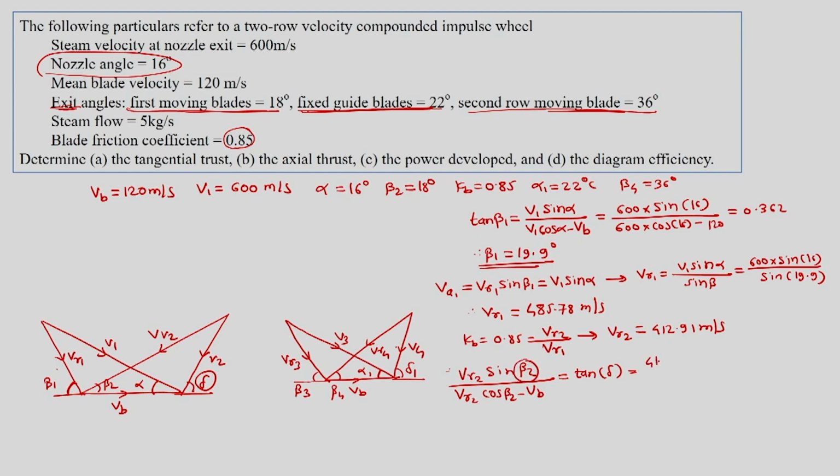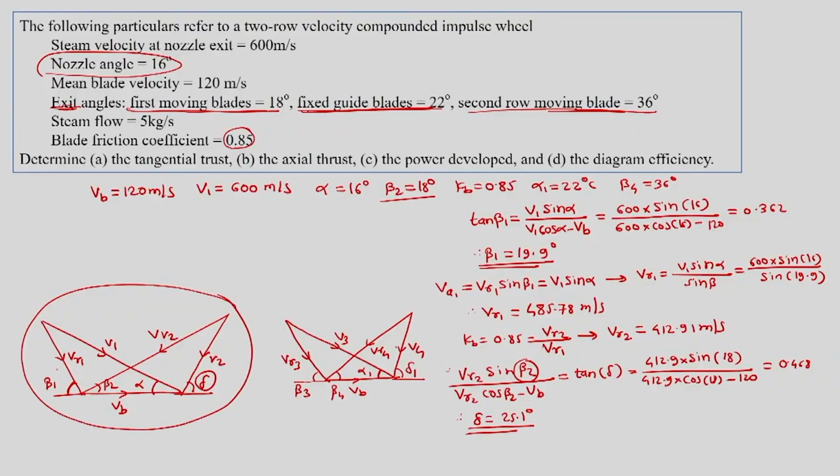So 412.9 into sine of 18 divided by 412.9 into cos 18 minus 120. So we get from here tan delta is equal to 0.468. So delta is equal to 25.1 degree. So we got the absolute velocity angle at the outlet.